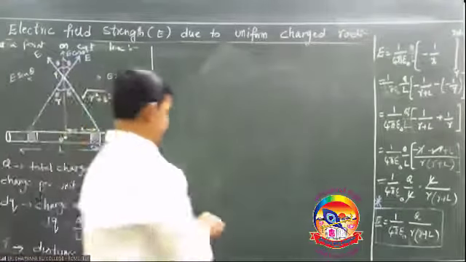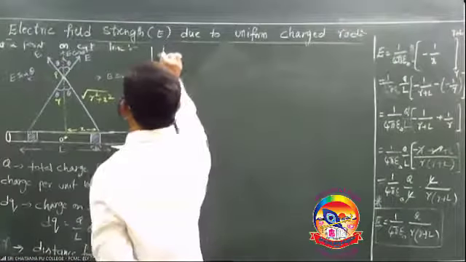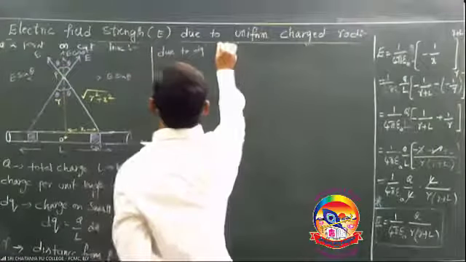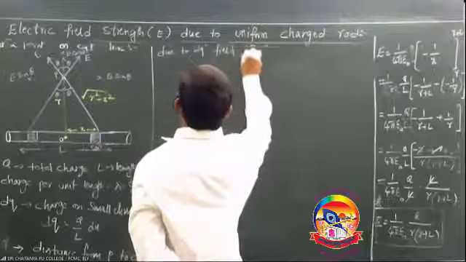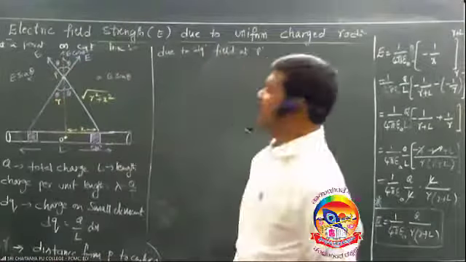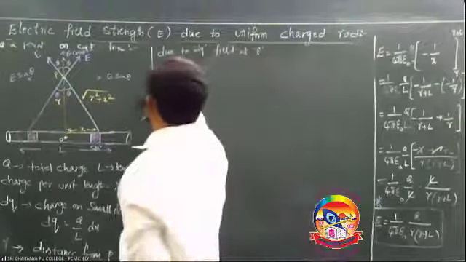Come on, we proceed. Due to dq, the field at P is dE.